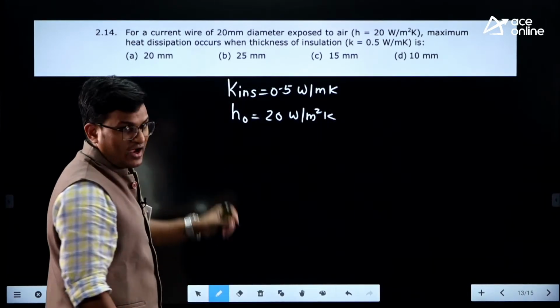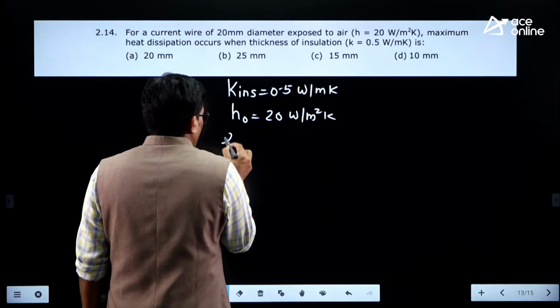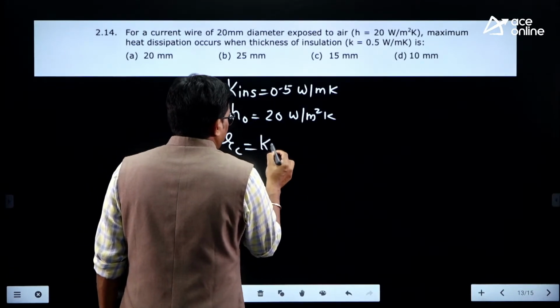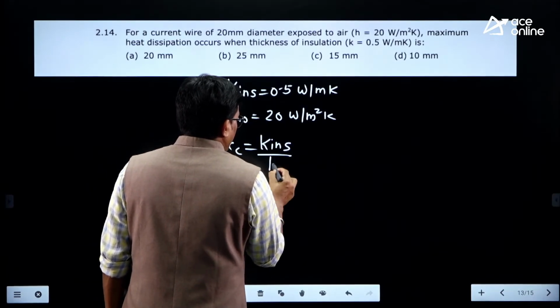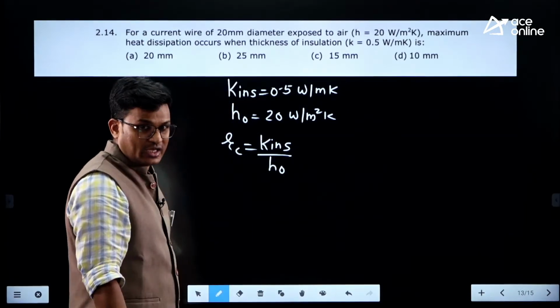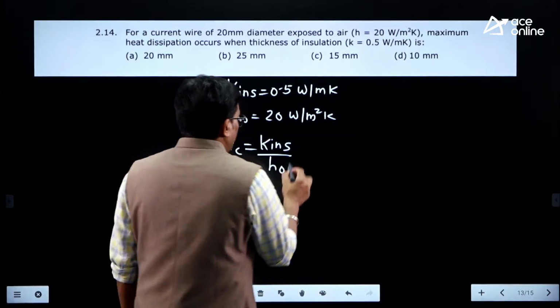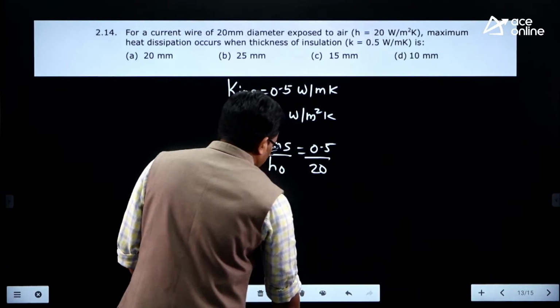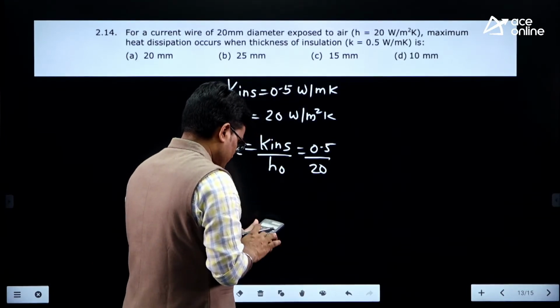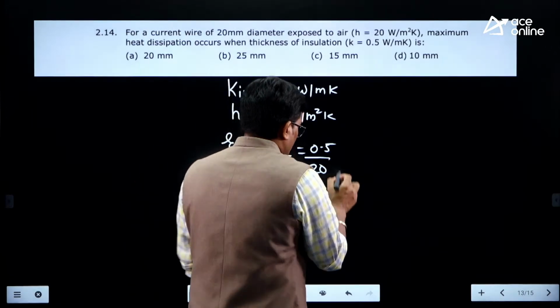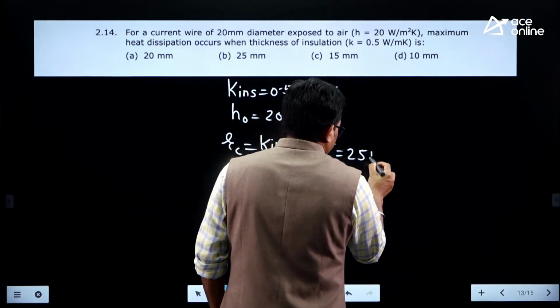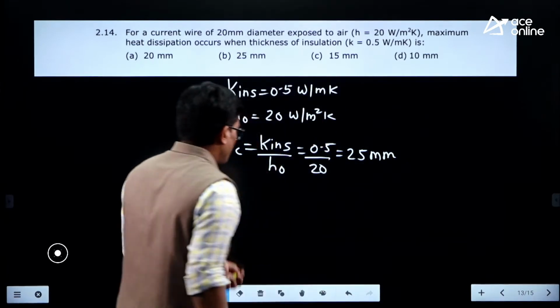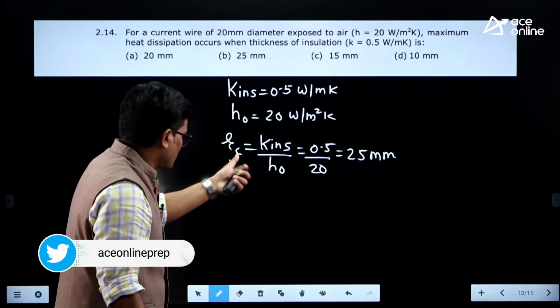It's a wire. So RC is equal to K insulation by H outer. If you solve this, this is 0.5 by 20. I think it is 25 mm. Let me check. Okay, so this is 25 mm. This is your critical radius.